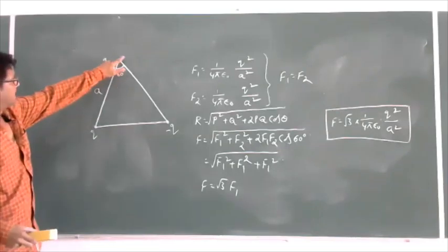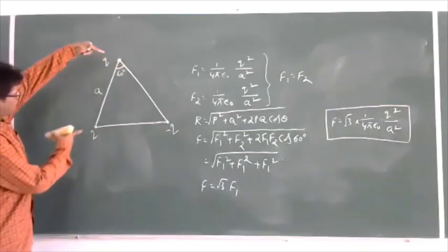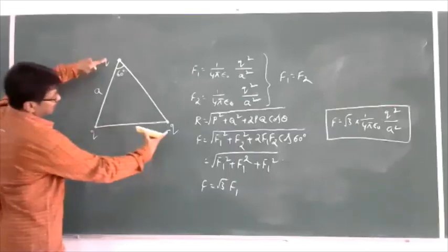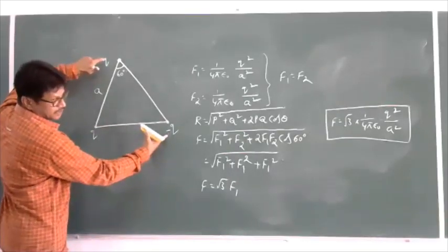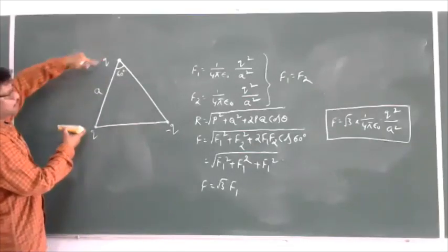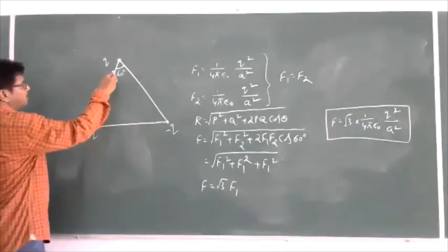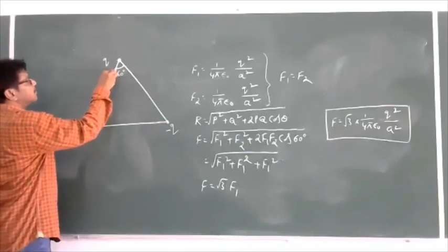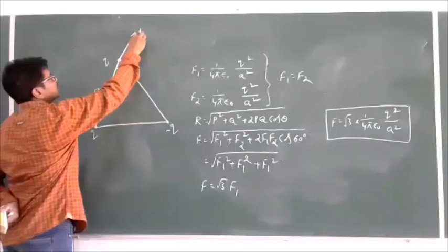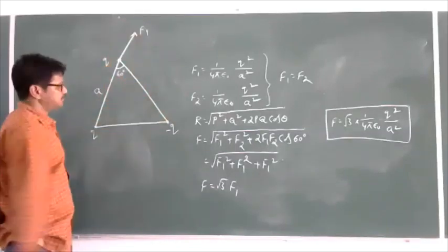Now here also, again two forces will act. One is between these two charges and one is between these two charges. This is positive and this is positive. Obviously, there will be a repulsive force which is equal to F1.